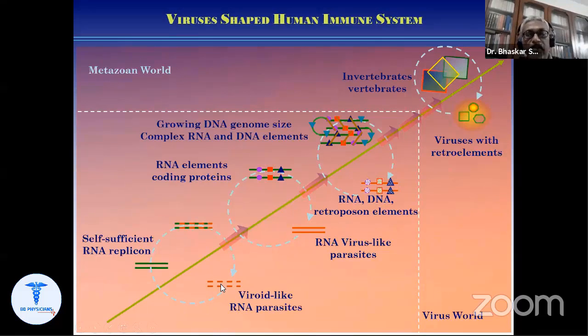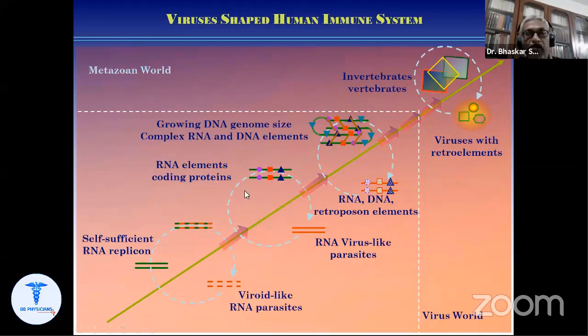And obviously that weaker one tried to live on or encroach upon the stronger one, making it the host. So let's say this was the viroid-like RNA particles or the parasites, and they tried to live on the stronger one, which was self-sufficient. And then you see the complexity, which was very simple here.